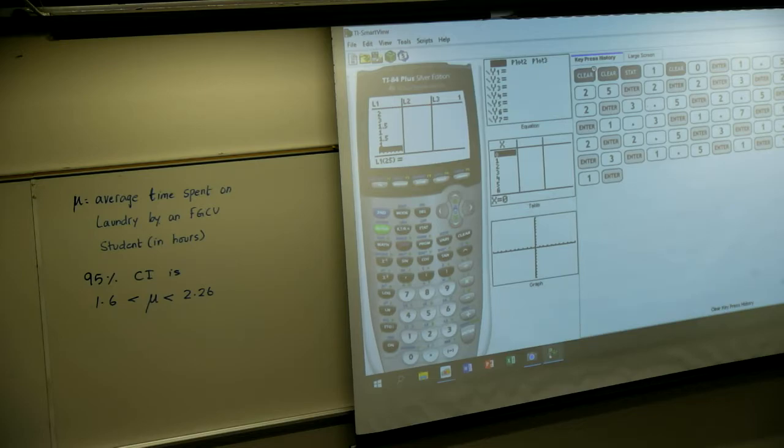All I'm doing is taking all the observations that we had last time, putting it in list 1.